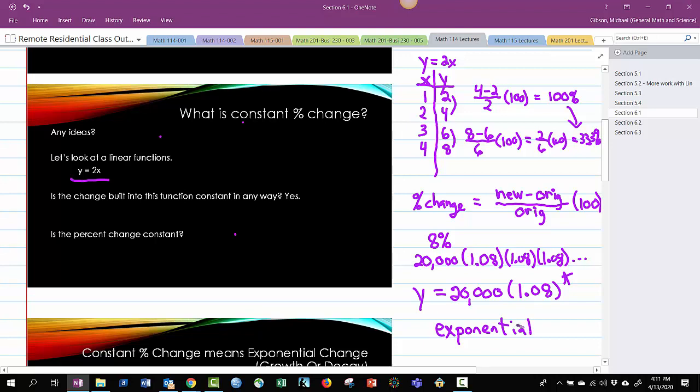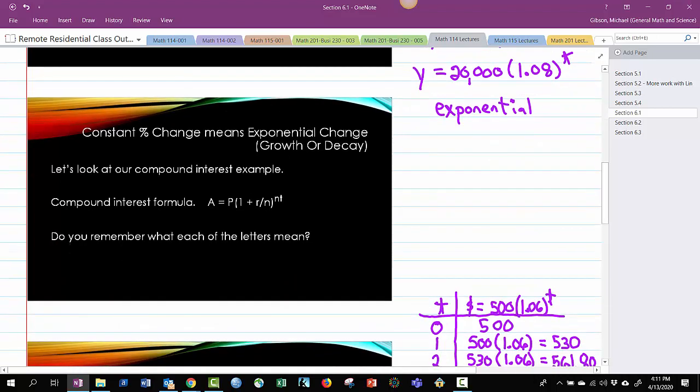Exponential functions are functions that grow, or change really, because they could decrease, by a constant percent. The terminology is, if it's going up by 8%, we would multiply by 1.08.